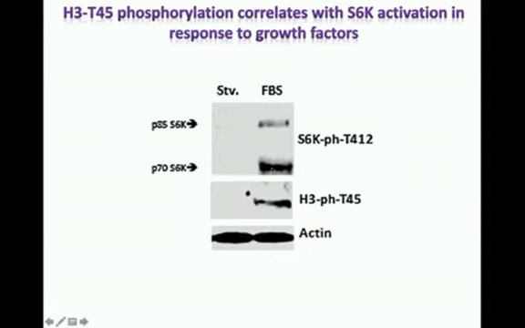You can detect it by Western, and you can detect the phosphorylation signal of H3 at T45. And of course, actin is a loading control. So this was the first clue that S6K activation correlates with the phosphorylation of T45.